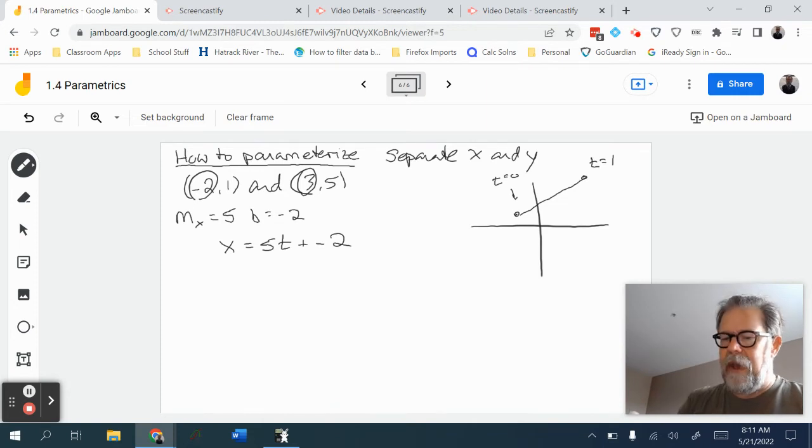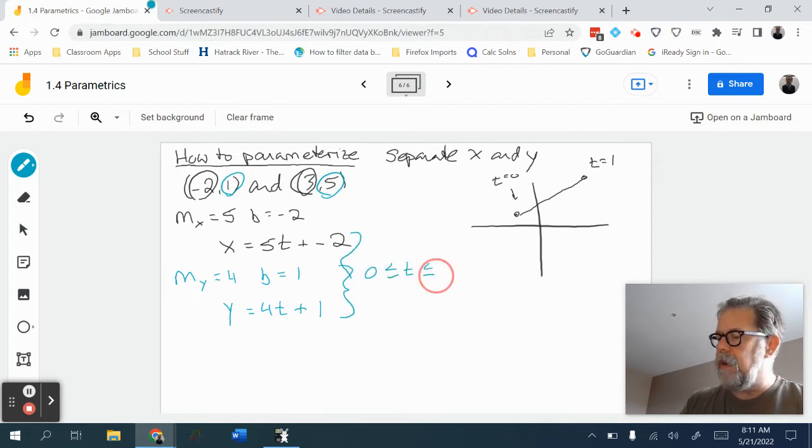And my y value, I'll change color this time, started at 1 and ended at 5. So the rate of change of my y value was 4 with a starting value of 1, giving me y is equal to 4t plus 1, from 0 to 1. So this is x sub t, this is y sub t.